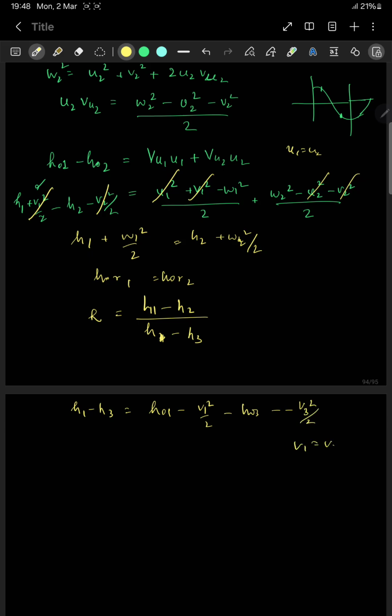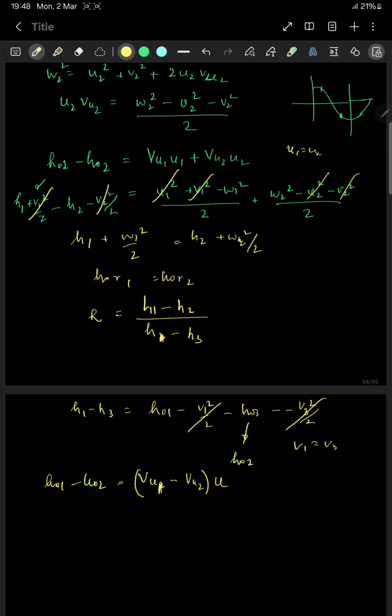Since v1 equals v3 for repeating stages, this can go, and since the stator does not do any work, h03 can be written as h02. So the denominator can be written as h01 minus h02, which is equal to vu1 plus vu2 into u.